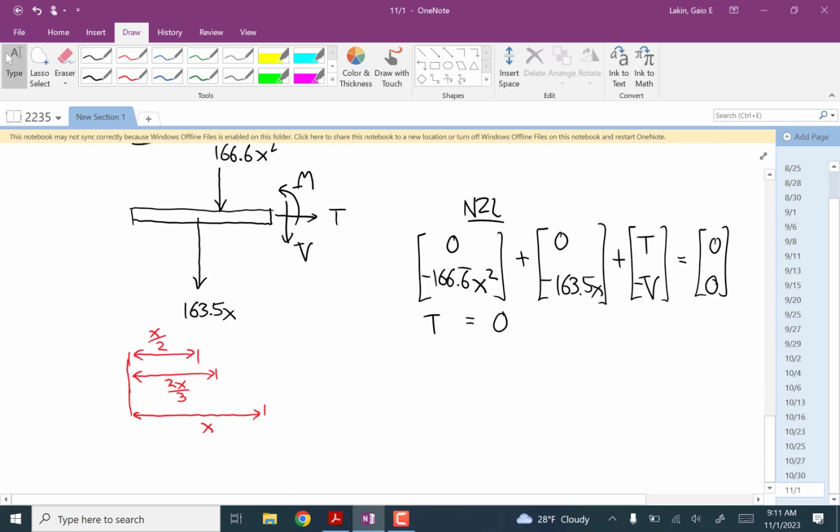So t is 0, and v is negative 166.6 repeating x squared minus 163.5x.